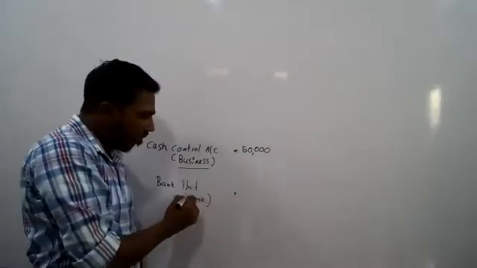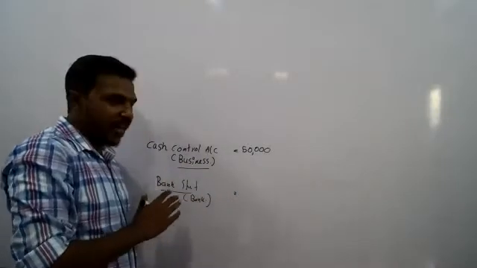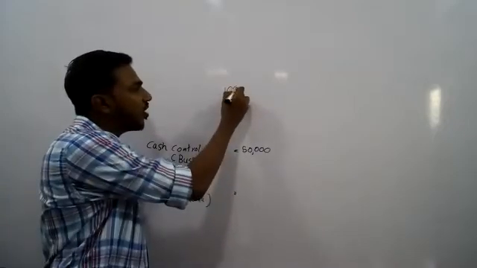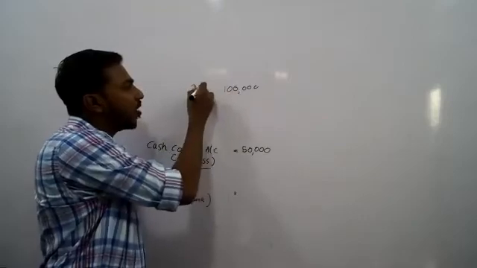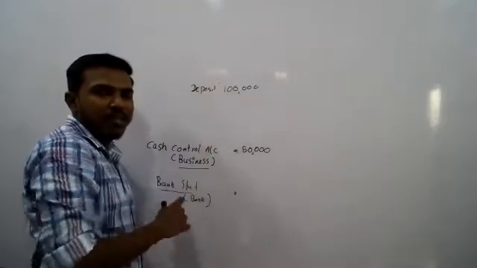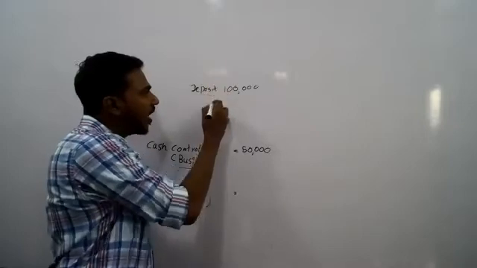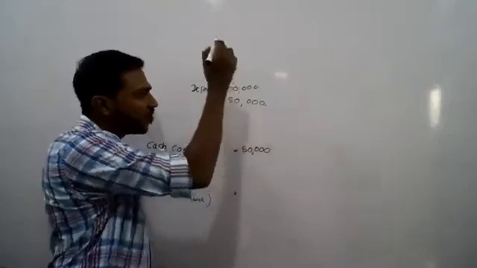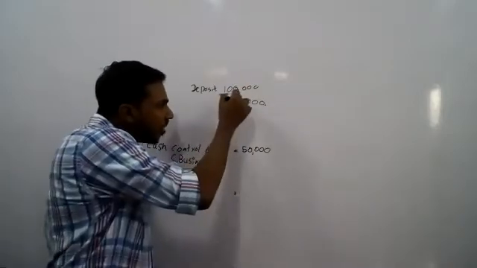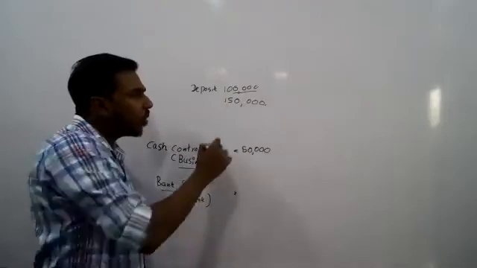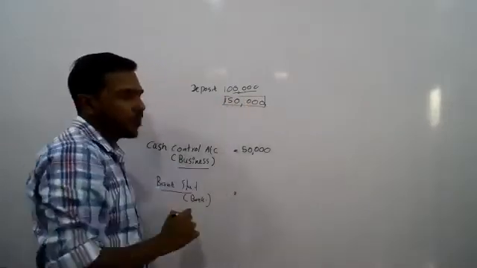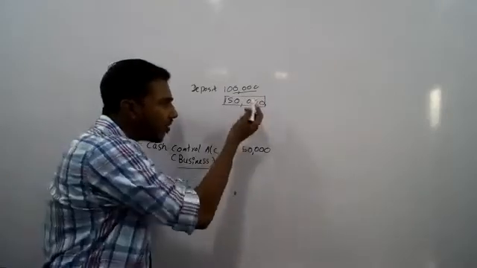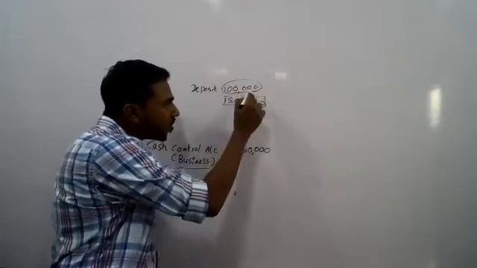Otherwise, if they didn't record it, and you deposited 100,000, you could ask the bank, look here, I deposited 150,000, give me the 150,000. Then the bank can't give you 150,000 because you deposited only 100,000.